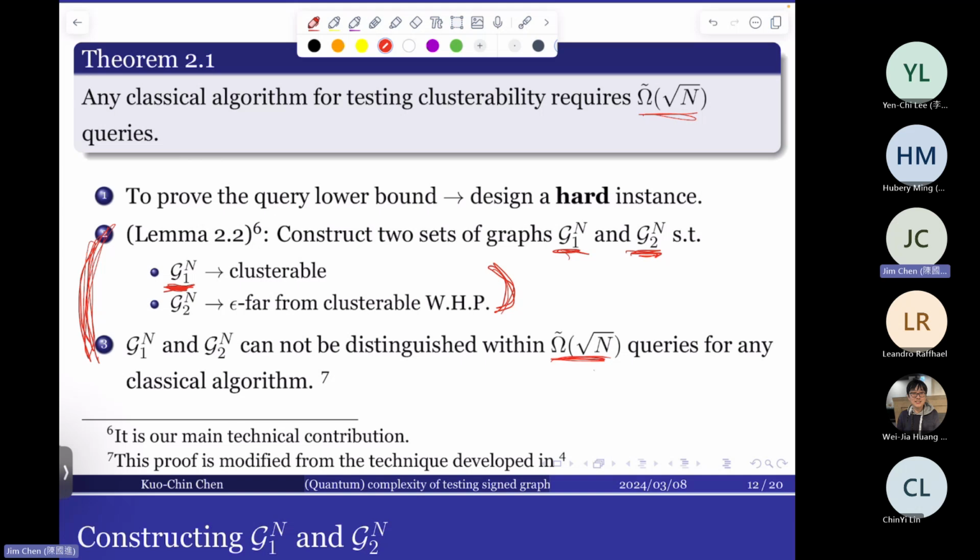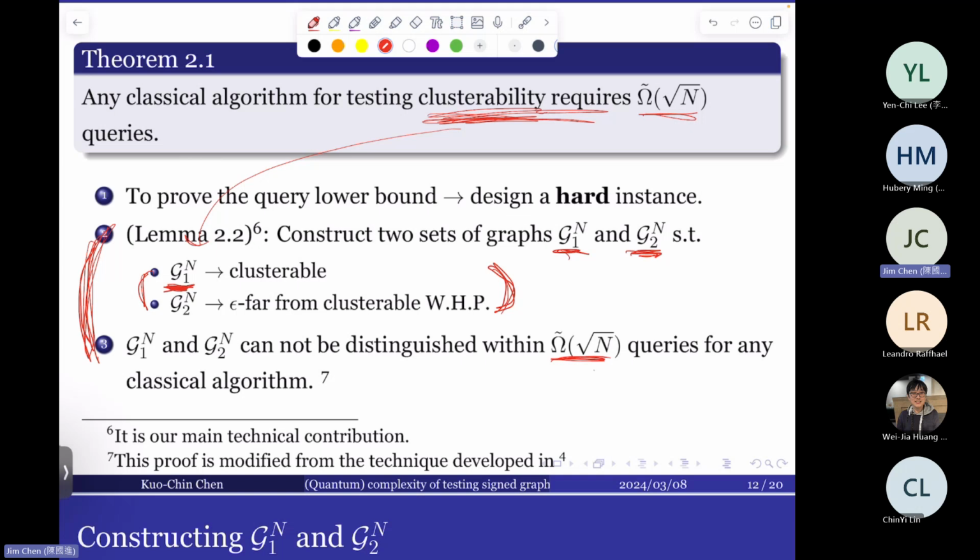Why is that? Since if there exists a clusterability tester which can identify whether a given graph is clusterable or not, then it can distinguish these two families of graphs, since they have distinct clusterability property.